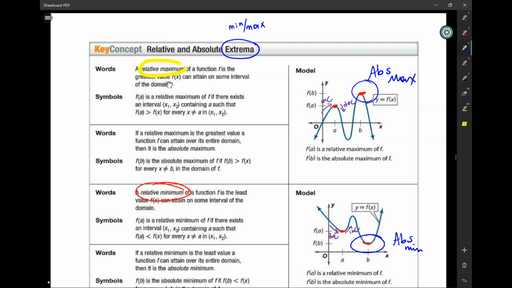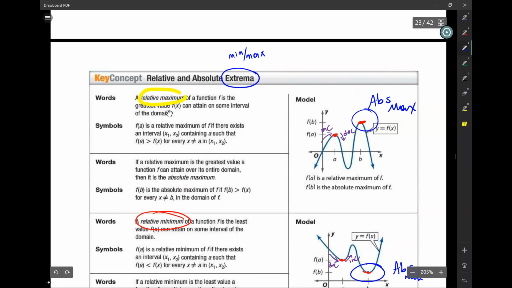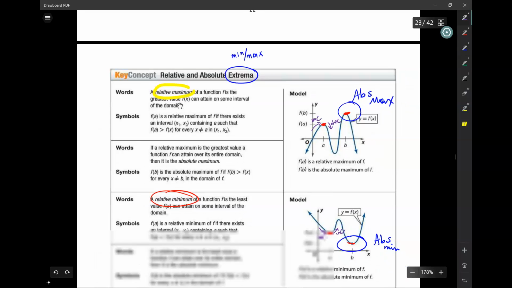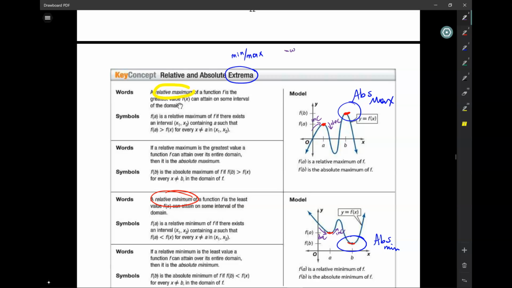Now, if you're asked where does a minimum or a maximum occur, you give the x value.